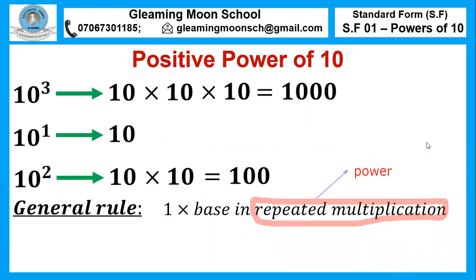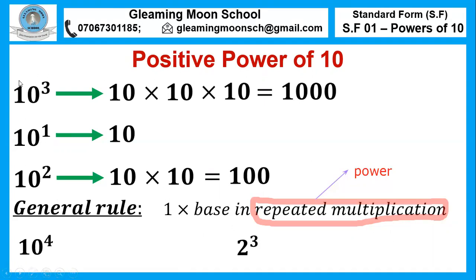Okay, so let's have a look at these two numbers. We have 10 raised to the power of 4, and then we have 2 raised to the power of 3. And one thing I want you to bear in mind is that this general rule applies to any power. It's not just the powers of 10. That is why I have 2 raised to the power of 3 here. So you can also see how that works on other numbers apart from 10. Okay, so I'm going to ask you to pause the video.